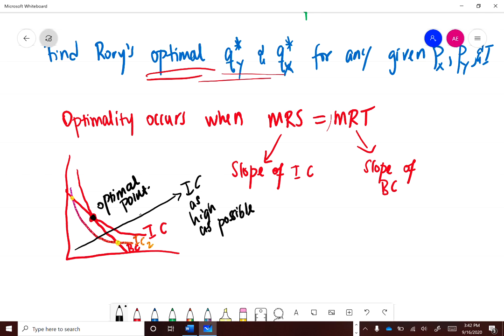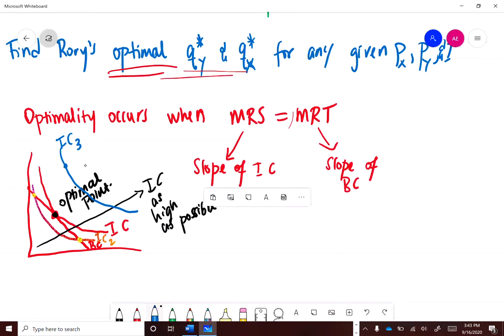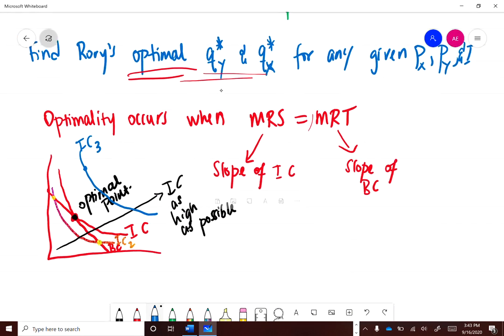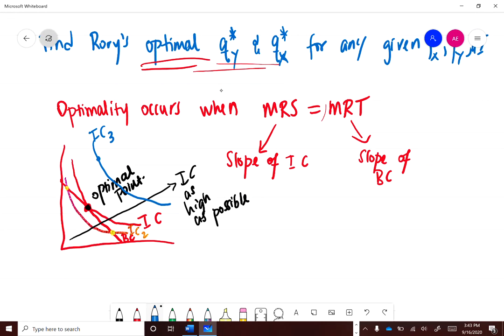So if Rory could get an indifference curve up here, we'll call this IC3, she would go for it. She would be very happy about this. But the problem is, this combination of goods on IC3 is unaffordable to Rory. She can't afford this. So she has to settle for the best possible outcome for her, which is our optimality point here at IC1.